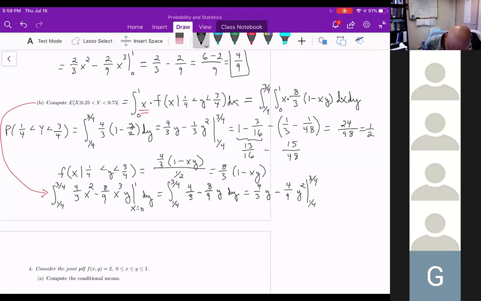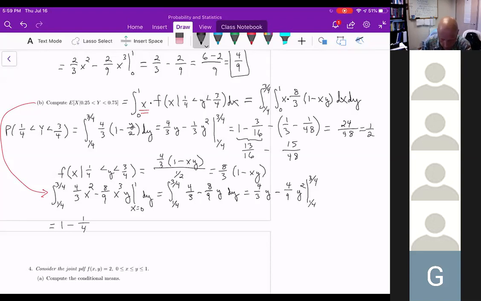So as you evaluate, you get 4/3 times 3/4, which is 1, minus 4/9 times 3/4 squared, which is 9/16. So the 9s cancel out, the 4 goes into 16 to give you 1/4.